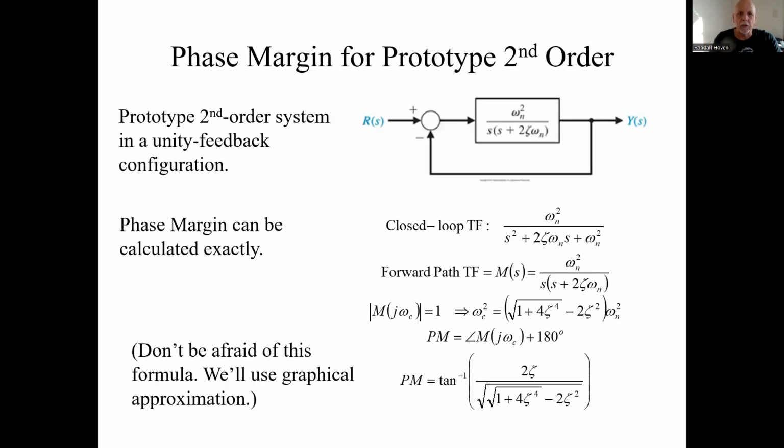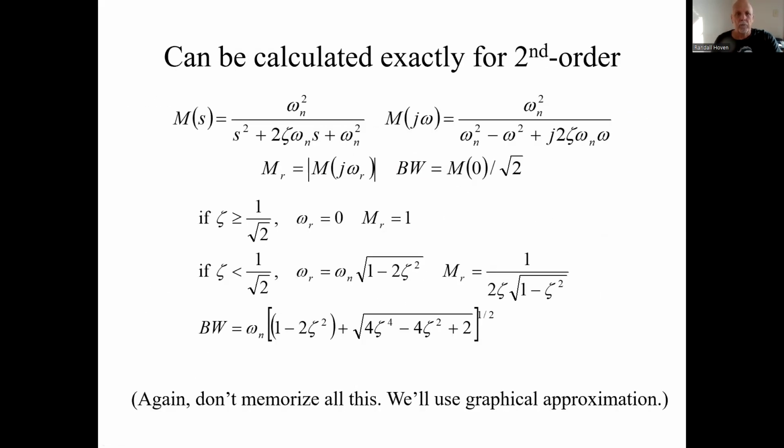If you go back here, phase margin depends only on damping ratio, so you can go both ways. You give me the damping ratio, I'll give you the phase margin. And now there's a relationship between damping ratio and bandwidth.